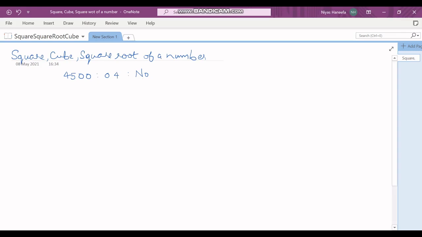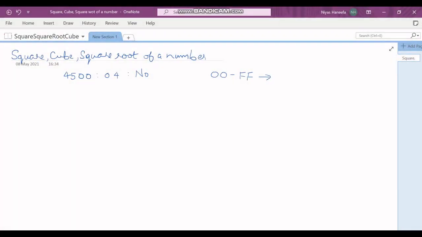So here we assume the inputs can be any numbers, starting from 00 to FF. When I'm taking the square, FF squared is equal to FE01. So if you give the input as FF, the output you are going to get is FE01. So it is 16 bits.